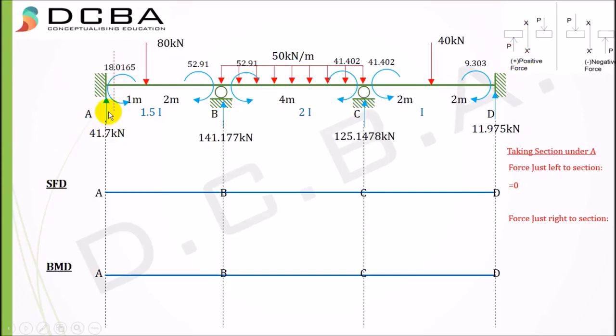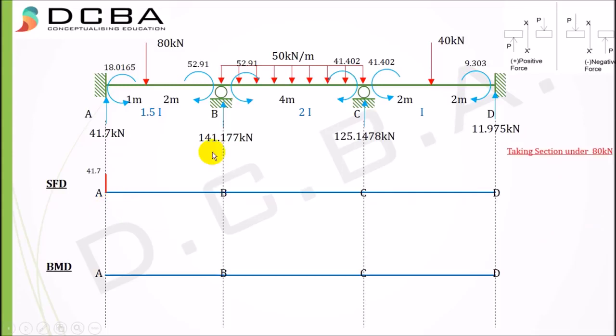So this is an upward force in the left part of the beam, left of the section, and hence it is a positive shear force, and we write it as plus 41.7 kilonewton, and we plot it. So we plot plus 41.7 here underneath A.